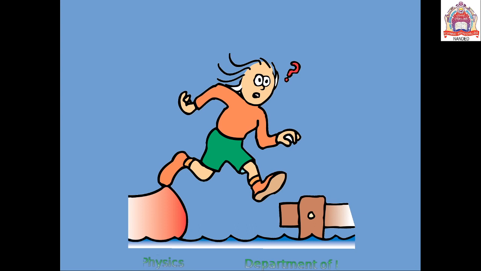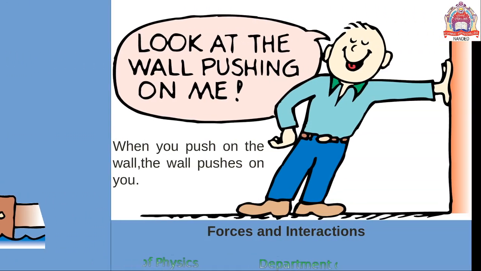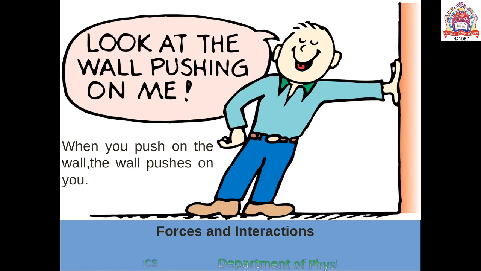Here is the example. When the person jumps from the edge of the boat onto the surface or the platform, the boat will move in the backward direction. Look at the wall pushing on me. When you push on the wall, the wall pushes on you.